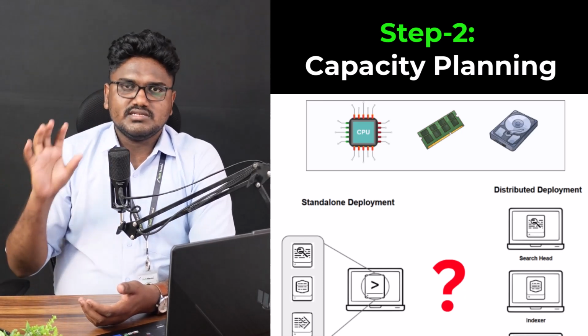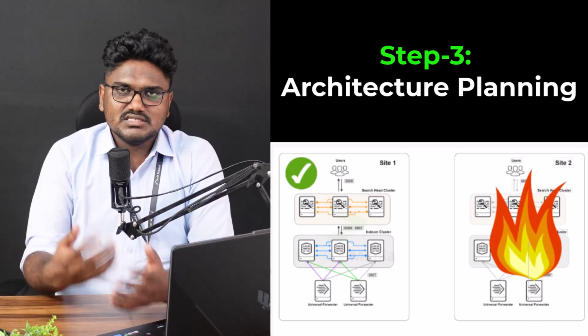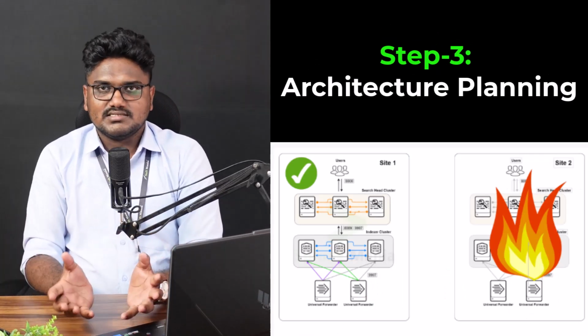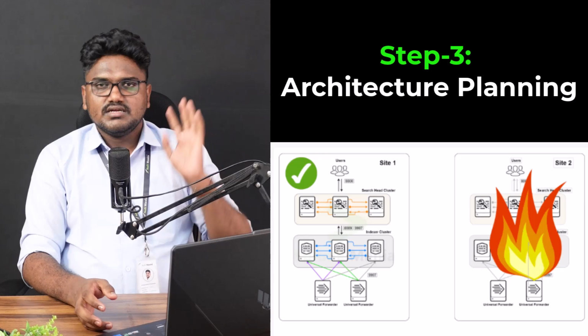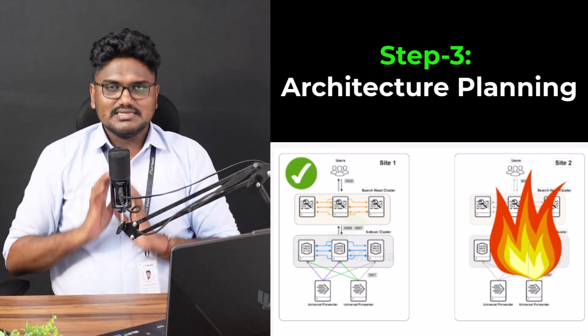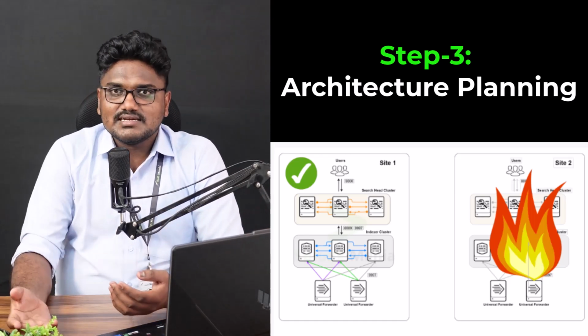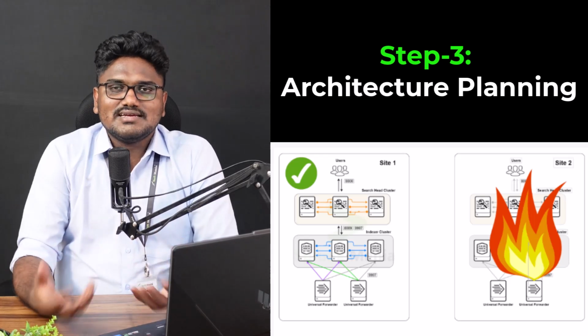Once you plan the resources, the next step is architecture planning. This is where you decide the architecture, right? Now you have resources. You need to know how to deploy those resources and where to deploy them. Single site, multi-site, disaster recovery, deployment pipeline, indexer cluster, search head cluster, you are going to decide all of them.